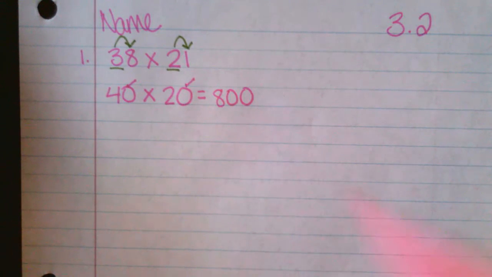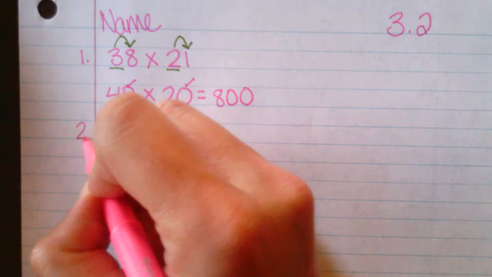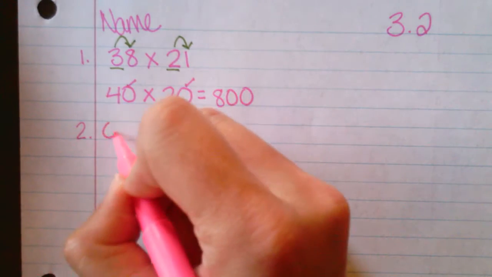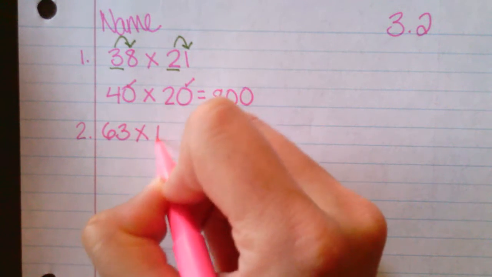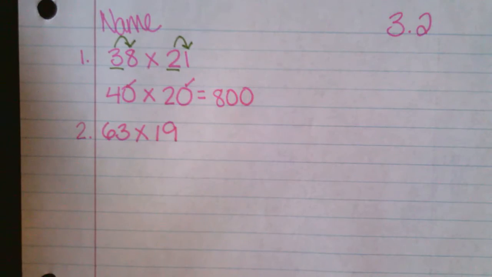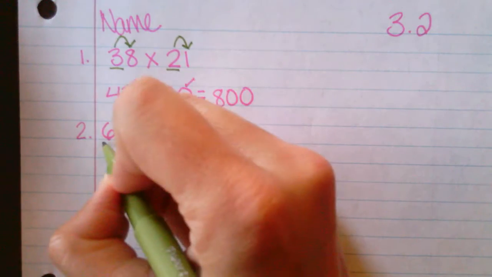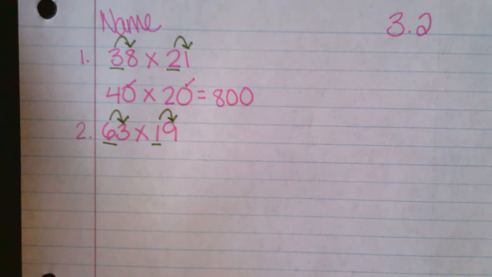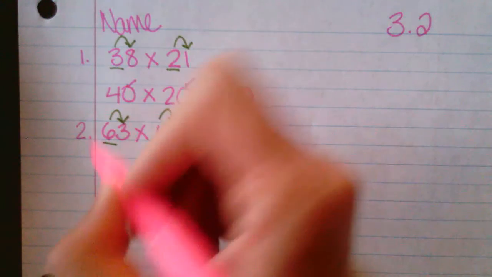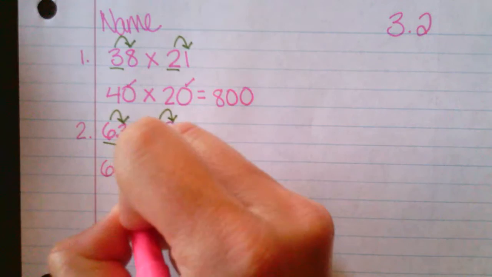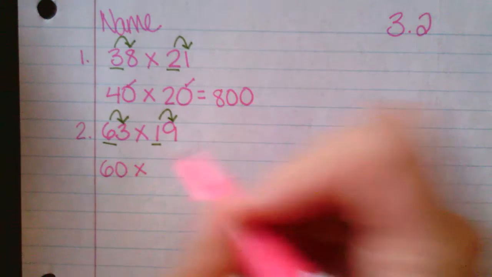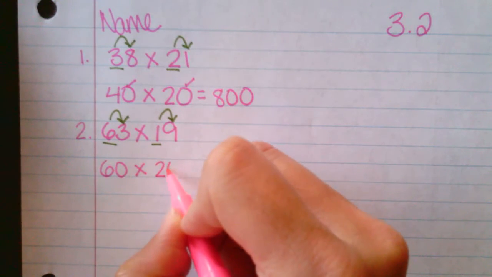Let's go ahead and try out number 2. Our math problem is 63 times 19. Again, we have to look at our largest place value, our tens, and look over to our ones to decide if they're going to round us up. 63 does round down to 60 times, and 19 does round up to 20. 60 times 20.